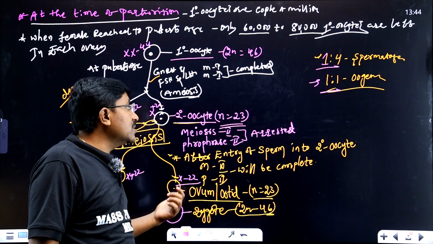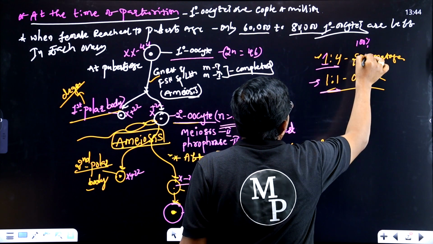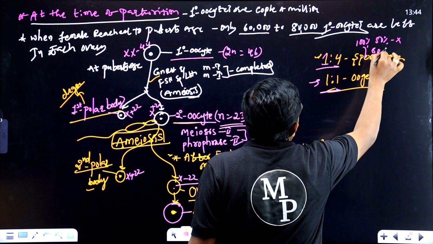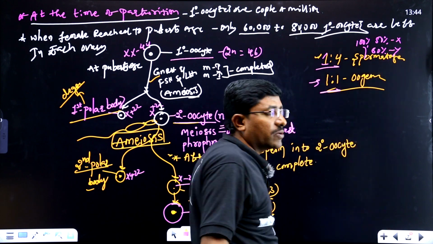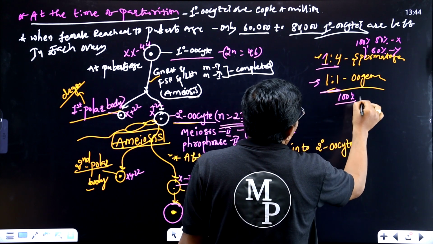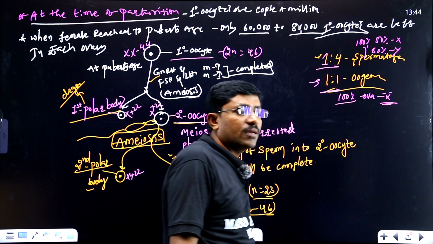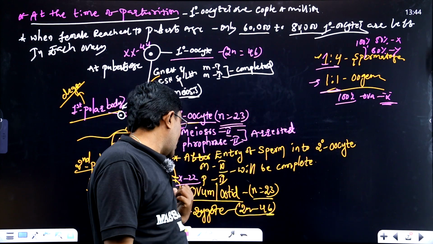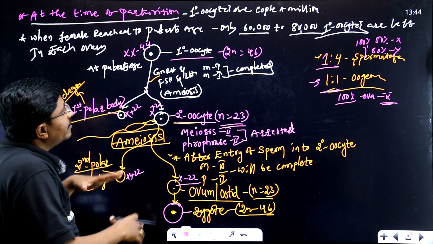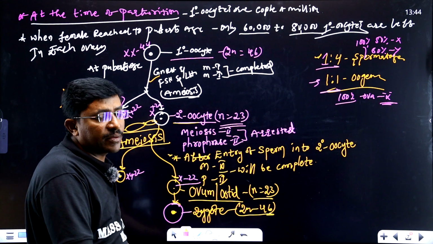Of every 100 percent of sperms, 50 percent have an X chromosome and 50 percent have a Y chromosome. But 100 percent of ova have only an X chromosome. These are the important points regarding chromosome numbers.